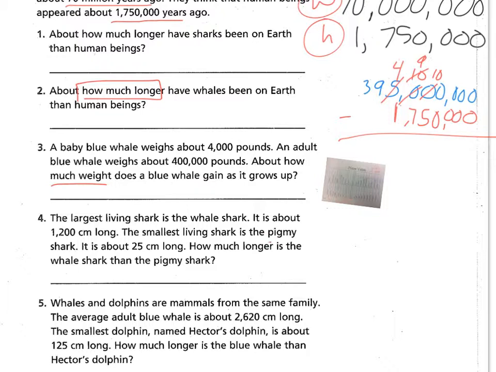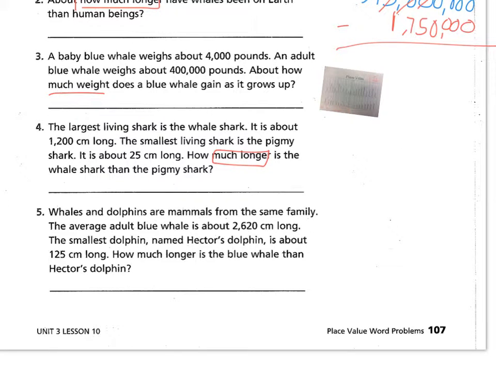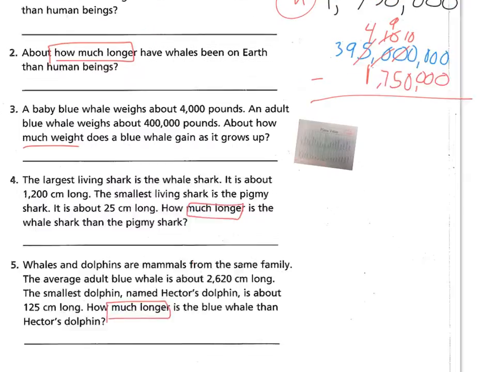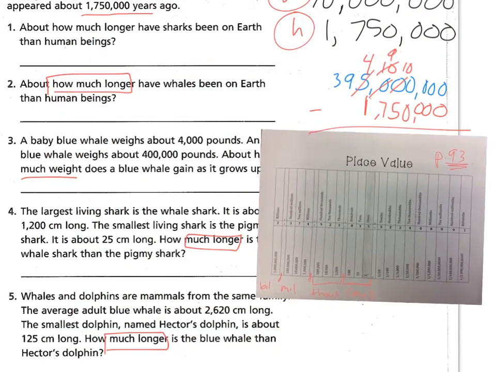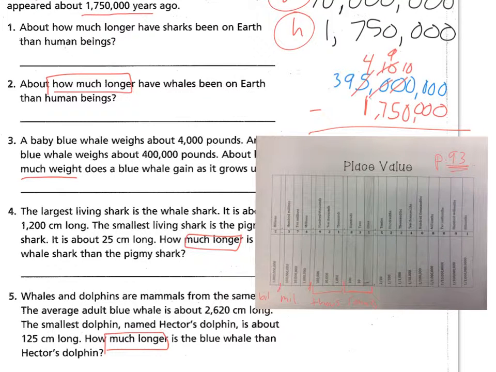So again, we're comparing, so it's going to be subtraction. Number 5, how much longer? So again, these are all going to be subtraction. We just have to identify the correct numbers and line up the place values correctly. Your resources, again, you've got this sheet that I've given you, or you have page 93 in your book to correctly identify the place values.